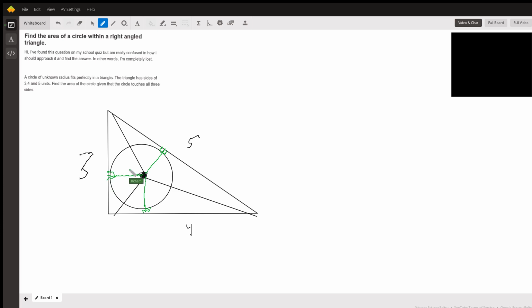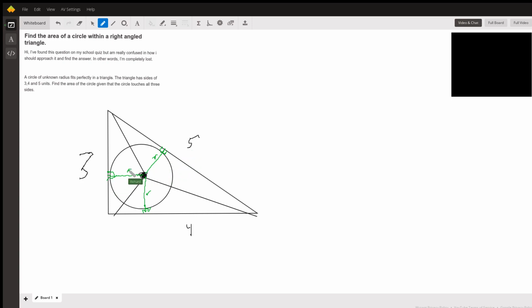And those are all going to be congruent. They're all going to be equal to the radius of the circle. So you have to imagine the radius of the circle extending out to touch this leg here, and then the radius of the circle extending out to touch this leg here, and then touch this leg here. So you do have to use your imagination a little bit.